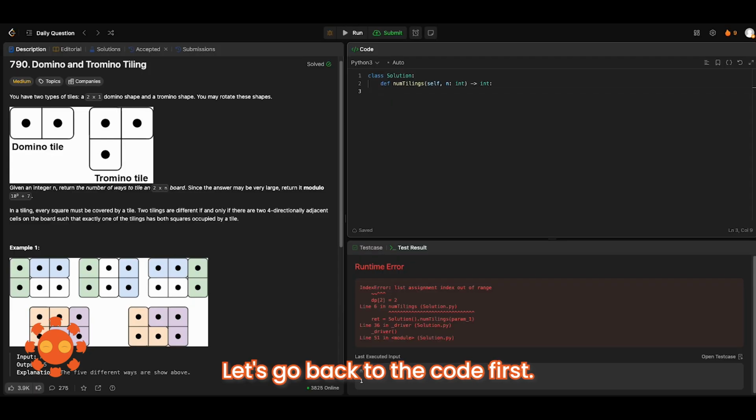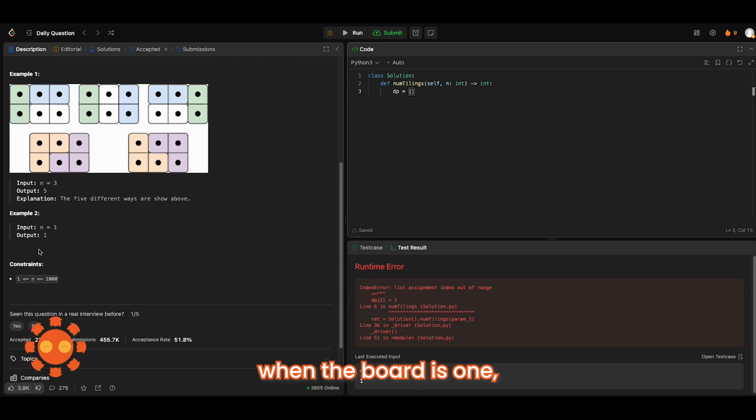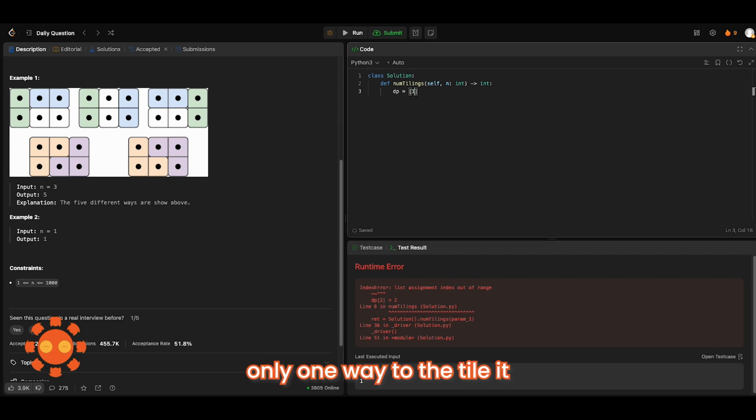Okay, so back to the code. First, we want to create a dp list where we know the base cases. When the board is 1, we have only one way to tile it. When the board is 2, we have two different ways to tile it, which are two vertical dominoes or two horizontal dominoes. So there's 2 when n equals 2.